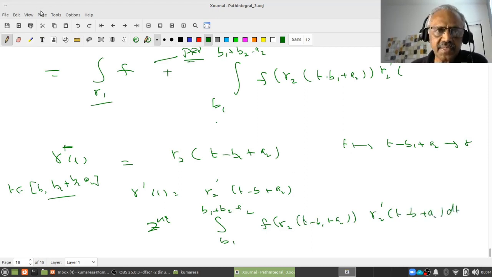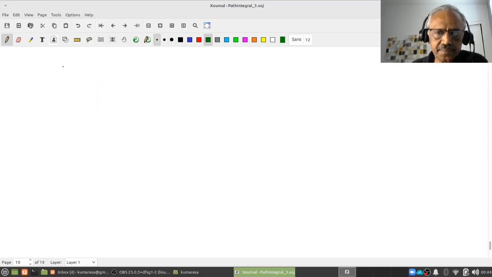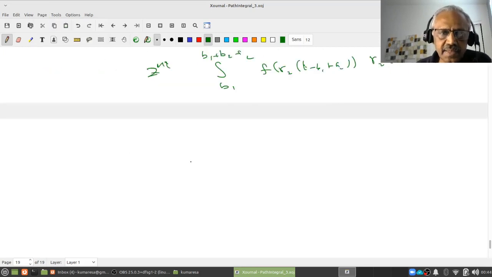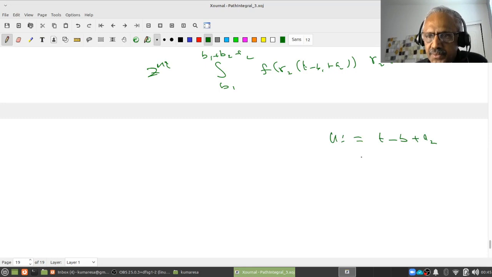I have not done anything except compute. Right? As usual, let's put u equal to t minus b1 plus a2. Therefore, when t equal to b1, u equal to a2.